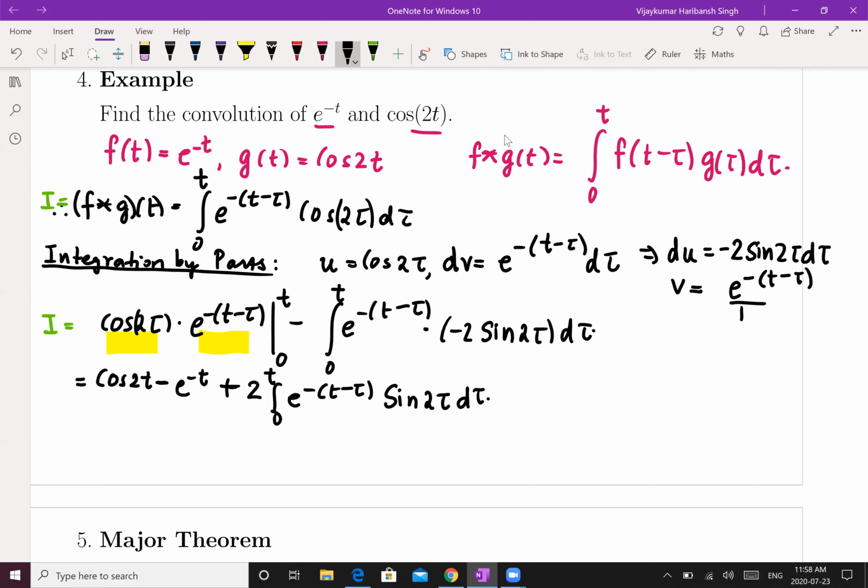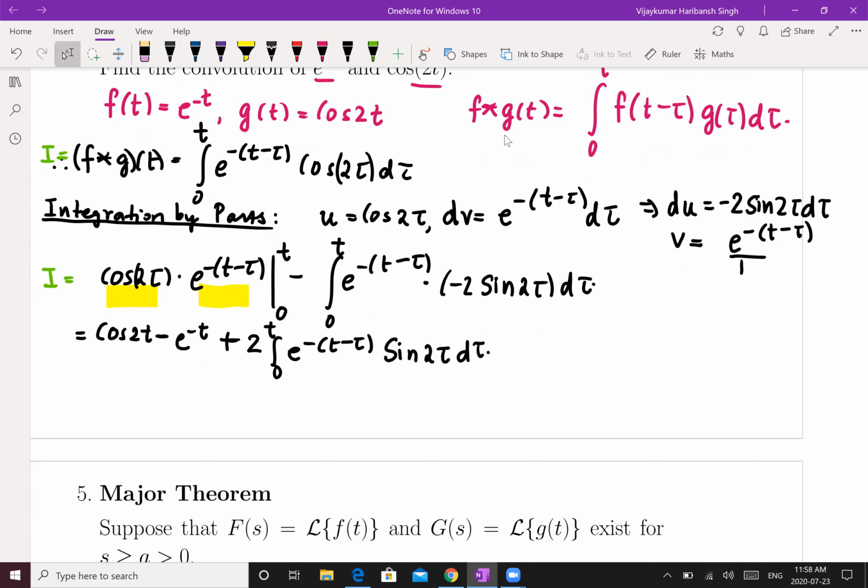Now we have to use integration by parts again. So again, in this part, use integration by parts.